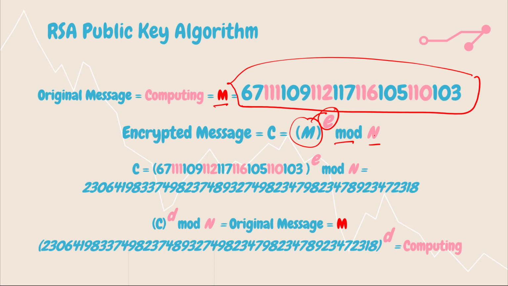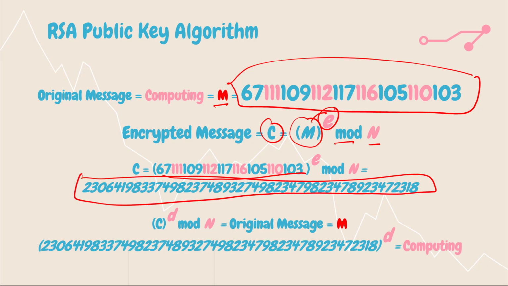We will talk later on about what that number is going to be. Once I do that, I get C, which is my encrypted text, and I can change this back into text using the ASCII chart again, but let's keep it in number format here. So now I have my encrypted message, and I can send it to whoever I want.